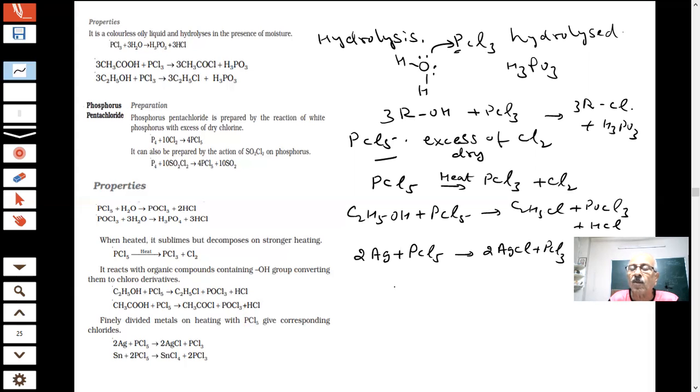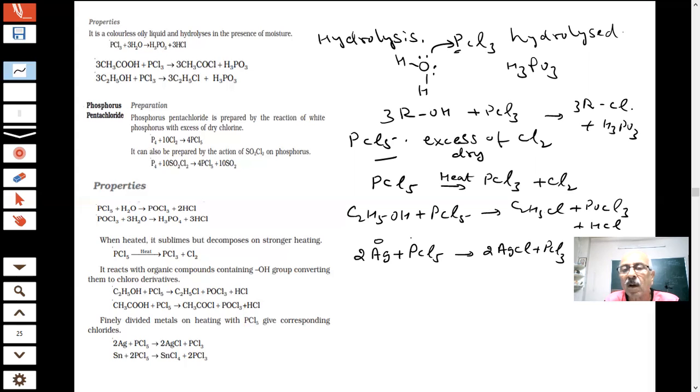Now, what type of reaction is this, students? Different types of questions are put in the exam. We have to see the oxidation state. What is the oxidation state of silver? Silver is 0.